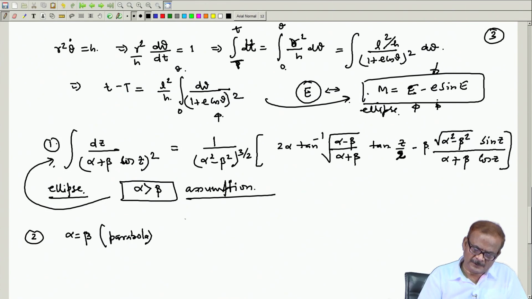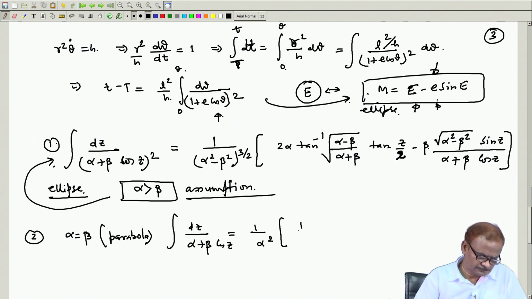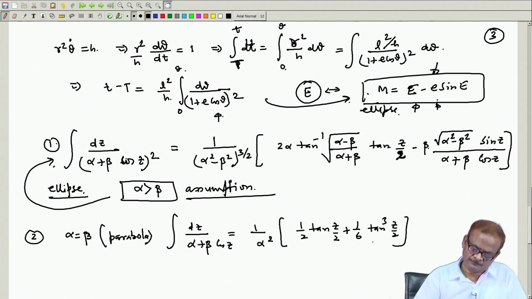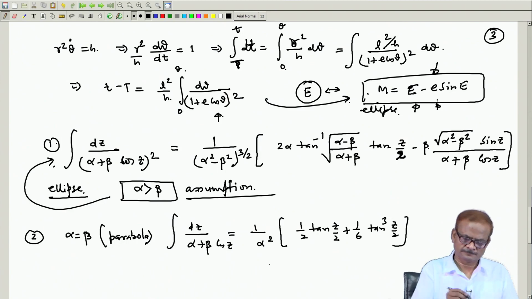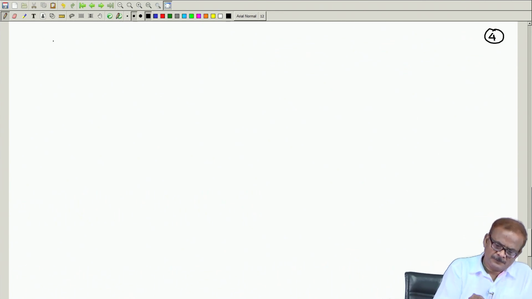This will be applicable to parabola, and in this case the simple integration is of alpha plus beta cos z. Okay. That was the case of parabola.